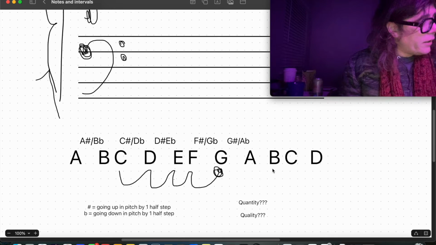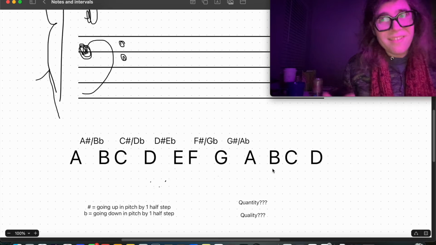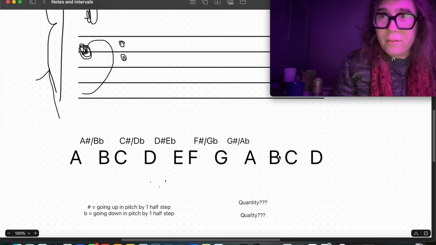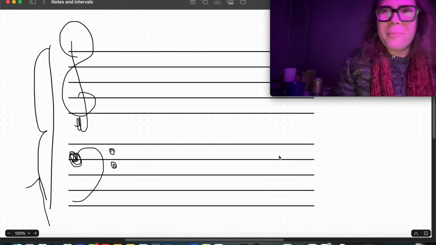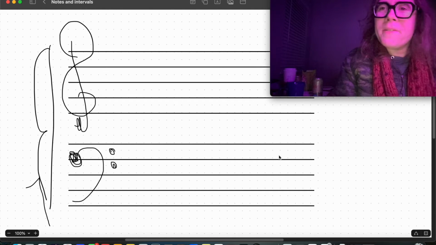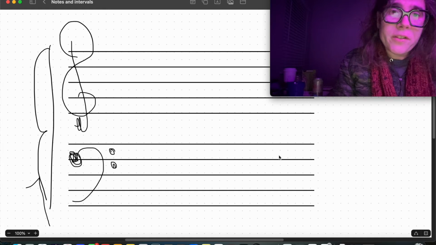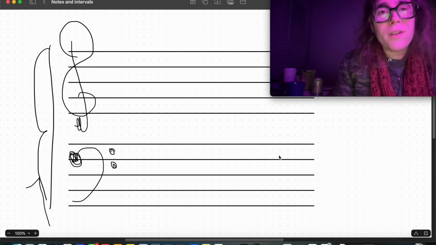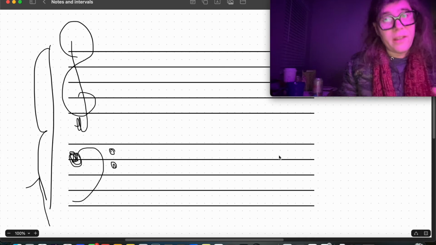Let's identify some more quantities in the grand staff. This is going to involve us identifying some notes. So if you're still really new at identifying notes, we're going to remember our toolkit for doing that.